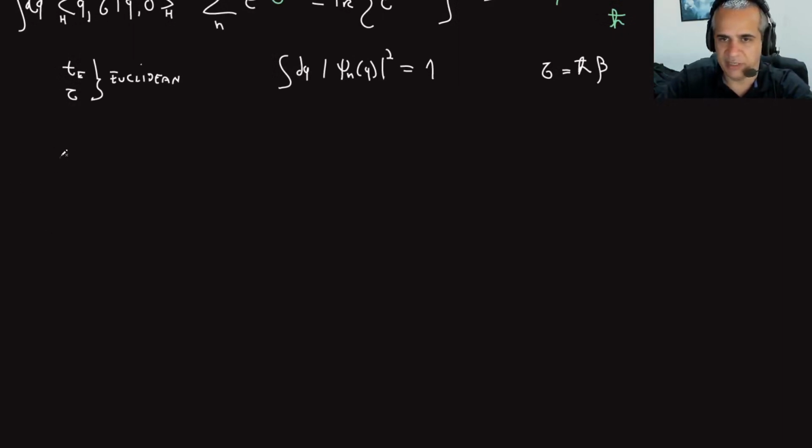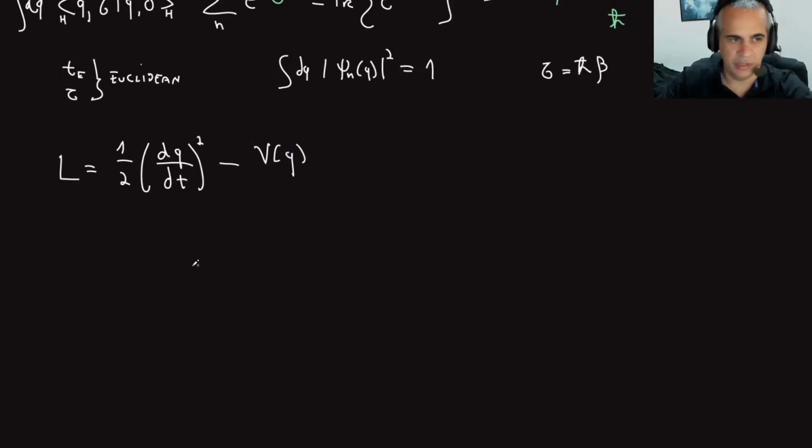One that we like a lot. So let's take some more specific type of Lagrangian, which can be written as a kinetic plus potential term, right?